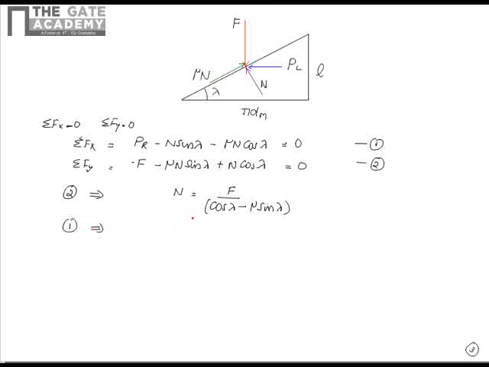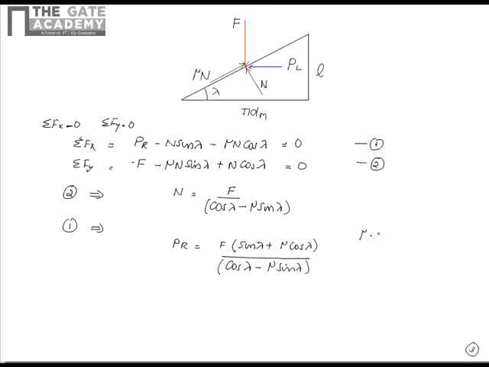So we get the raising load PR is equal to F into sin lambda plus mu cos lambda divided by cos lambda minus mu times sin lambda.